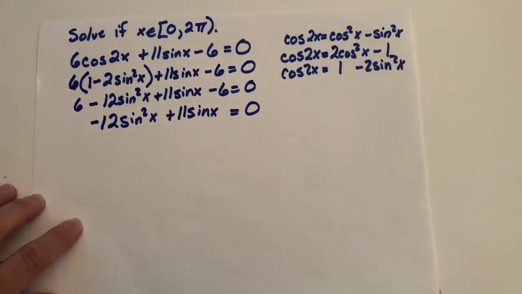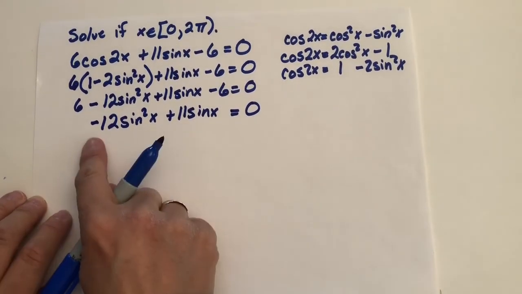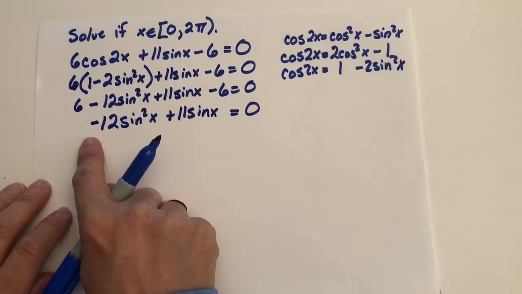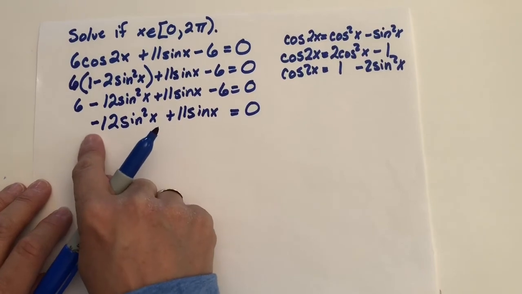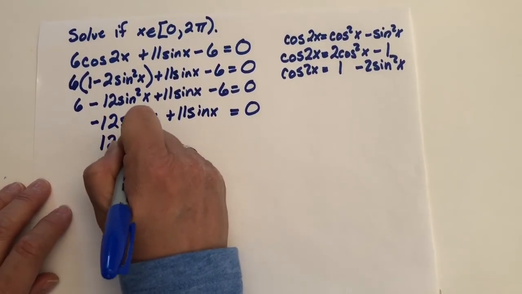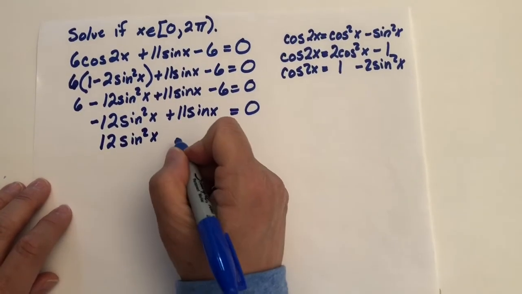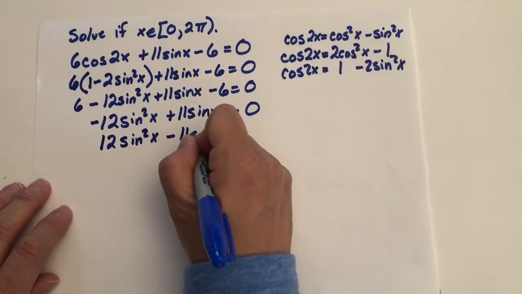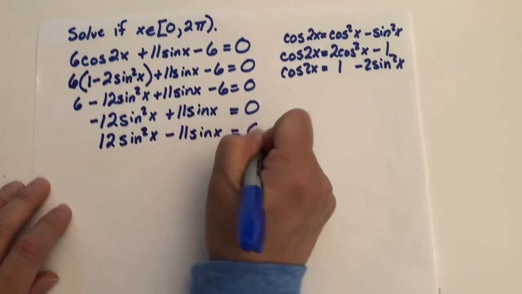Now I'm going to multiply both sides by negative 1 just because I don't like the leading coefficient to be negative. You don't have to do this, but I prefer to, so I'm going to. So I'd have 12 sine squared x minus 11 sine x equals 0.